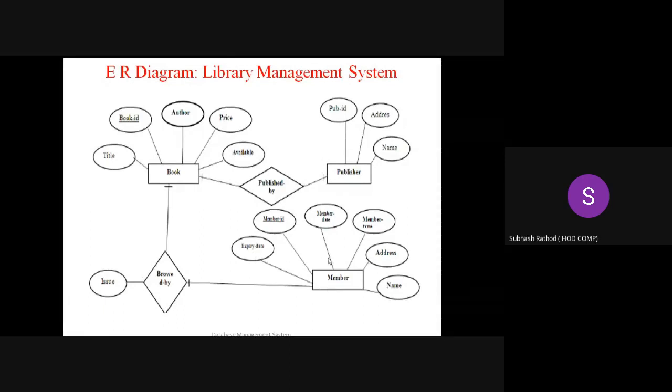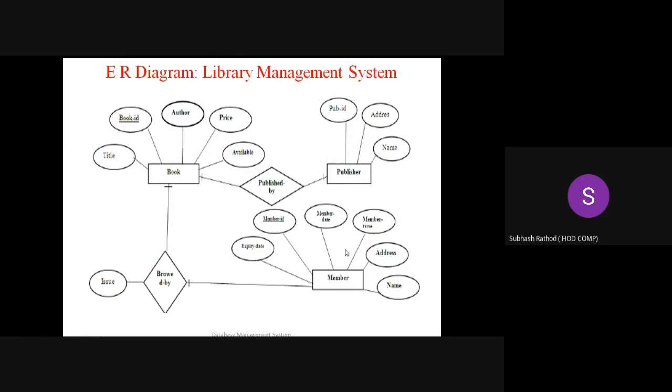So the student has attributes, such as expiry date, member ID, member date. We cannot see it here, but maybe a member mail ID, address, member name, and many attributes. Again, you can add here. If the member is a student, from which class the student is, for example TE second year. You can add the department, from which department the student is, maybe computer or mechanical.